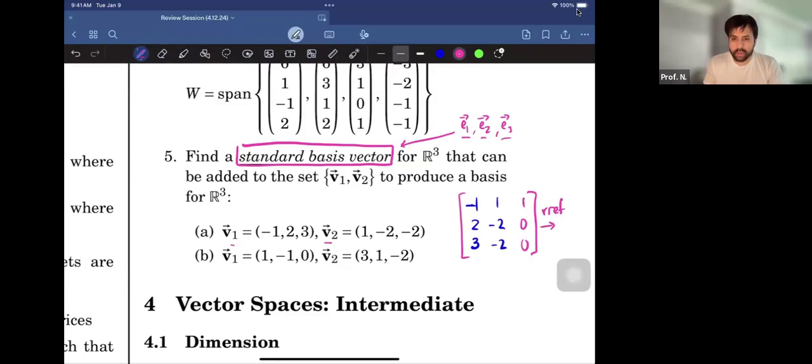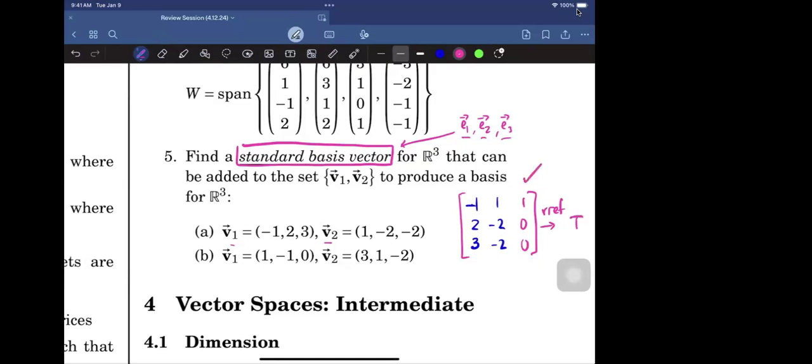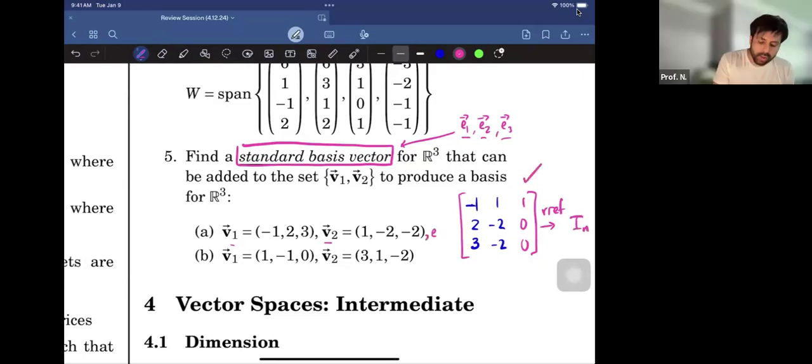So 1, 1, 1, 2, -2, 0, 3, -2, 0. And if I do the row reduced echelon form, I get the identity. This is good. So this is the identity. So if I include E1, it is now a basis for R3. Why? Because it is linearly independent.